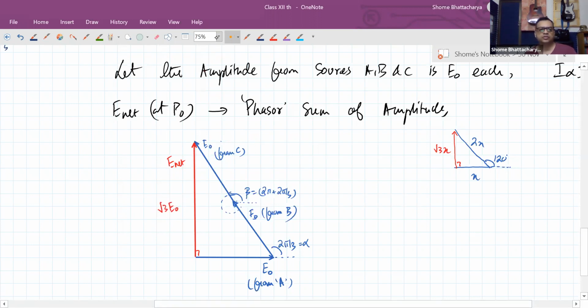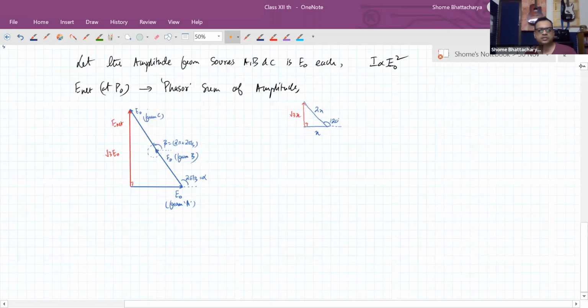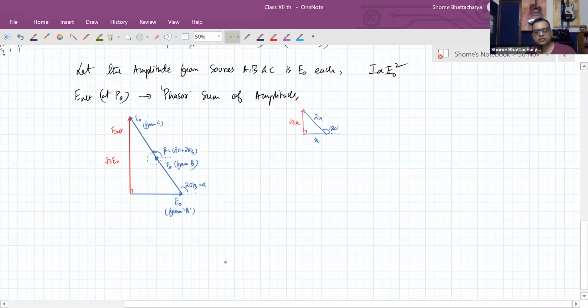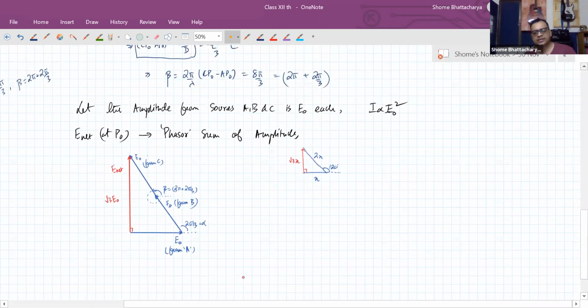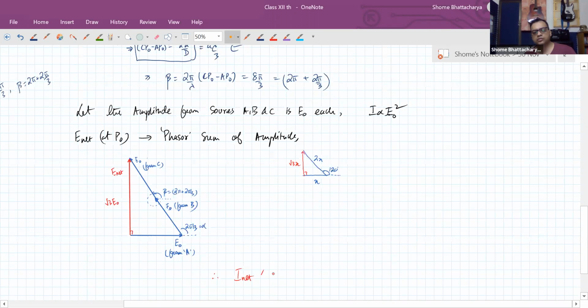Okay, so once you have recognized that the phasor summation is giving us the net amplitude like this, you can see that the net intensity, being proportional to net amplitude square, so I net is proportional to this, whereas I was proportional to this. So you can see the net intensity will become 3 times the intensity from any single source.